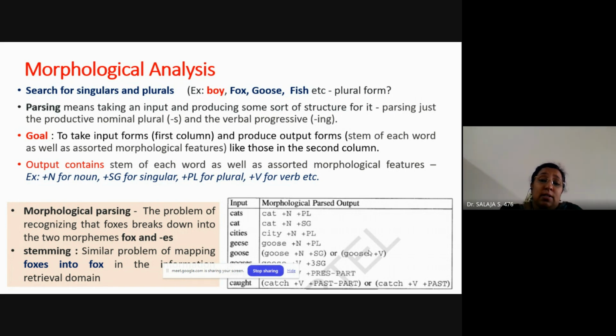Therefore it is required to create meaningful sentences from the vocabulary which is already defined, and so morphological analysis plays a very major role, which they call parsing.